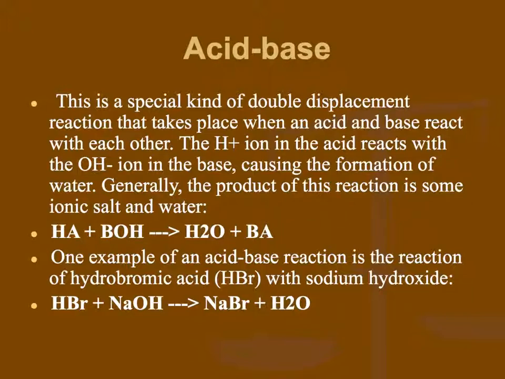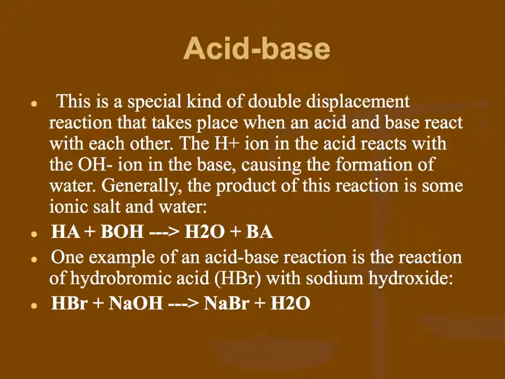So we have a double replacement reaction where we have our acid, the H plus some anion, such as HCl, and our base, some cation plus OH. Our positive cations trade places, and what we always make is water and a salt.